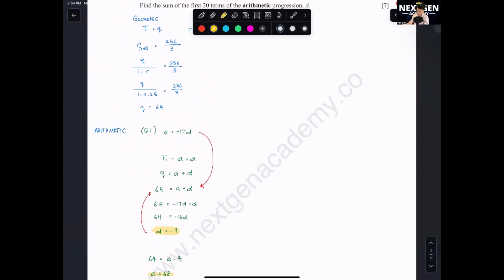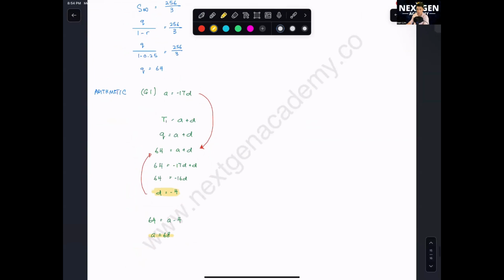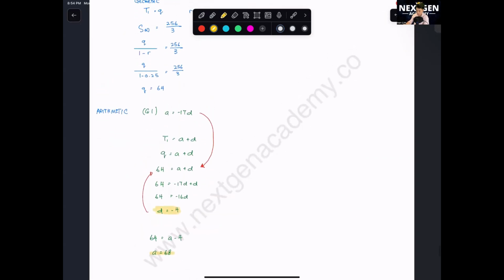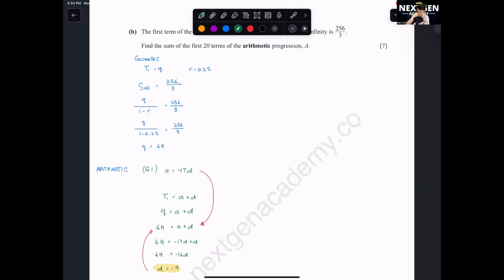All right, now we want to find the sum of the first 20 terms. Do you need to do simultaneous equations? No, you don't need to, because you already found all the values and you just need to connect the dots from the start, right? Then the last one, find S20, the sum of your first 20 terms.